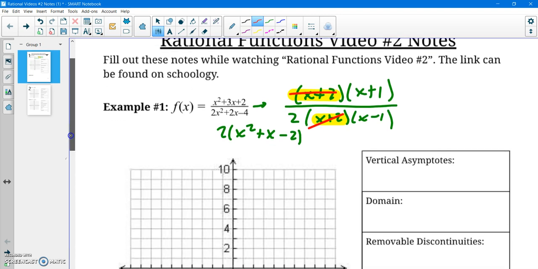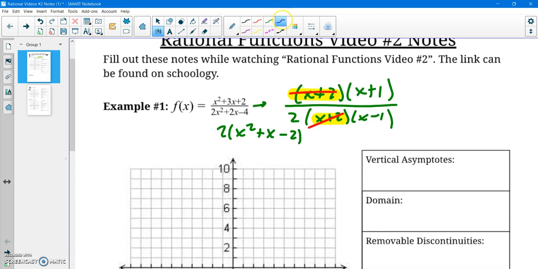So my vertical asymptote only happens at x equals 1 now. That x plus 2 that I crossed out doesn't count as a vertical asymptote anymore. What that does contribute to is something called a removable discontinuity in my graph.